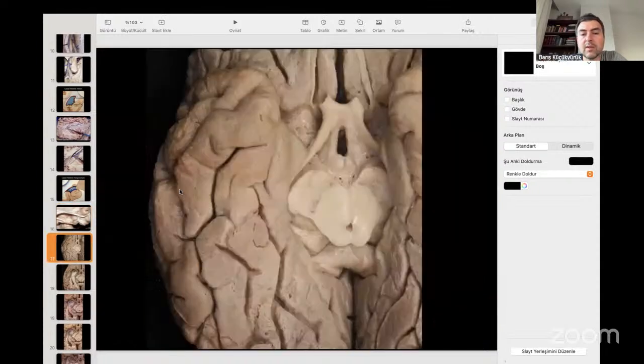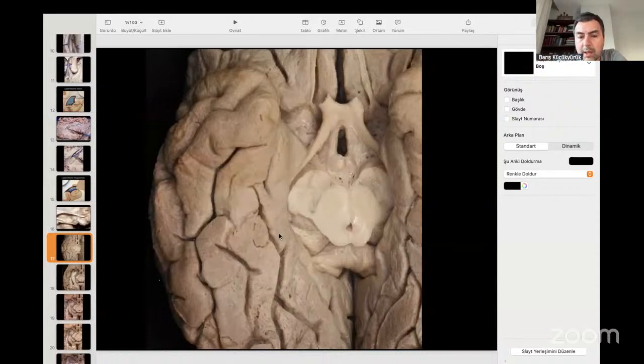Let's go see from inferior view. As I said, this is the temporal lobe, this is the temporal pole. Mesially, there is the uncus. In the anterior segment of the uncus, there is the amygdala. We'll see it later. And in the posterior segment of the uncus, there is the hippocampus.